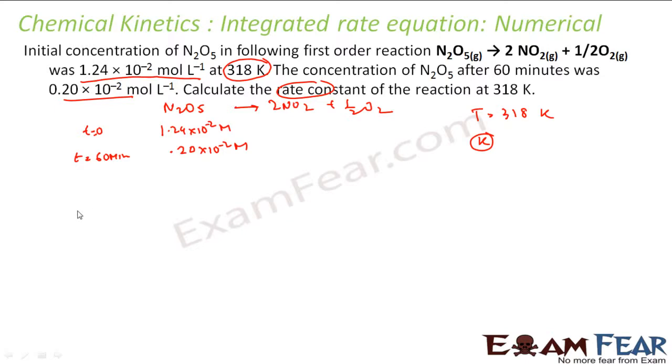See, the equation we know till now is K is nothing but 2.303 by T log of R naught by R. That is what we know.